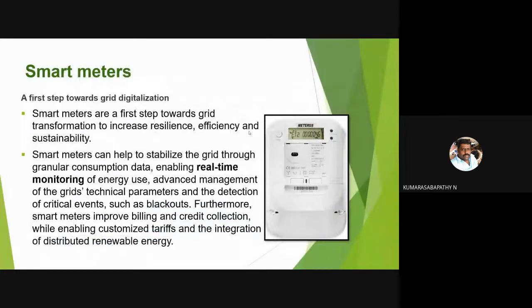I have mentioned smart meters. These meters are the first step towards your smart grid transformation, to increase efficiency as well as sustainability. These smart meters can help stabilize the grid through granular consumption data, enabling real-time monitoring of energy usage and advanced management of grids.